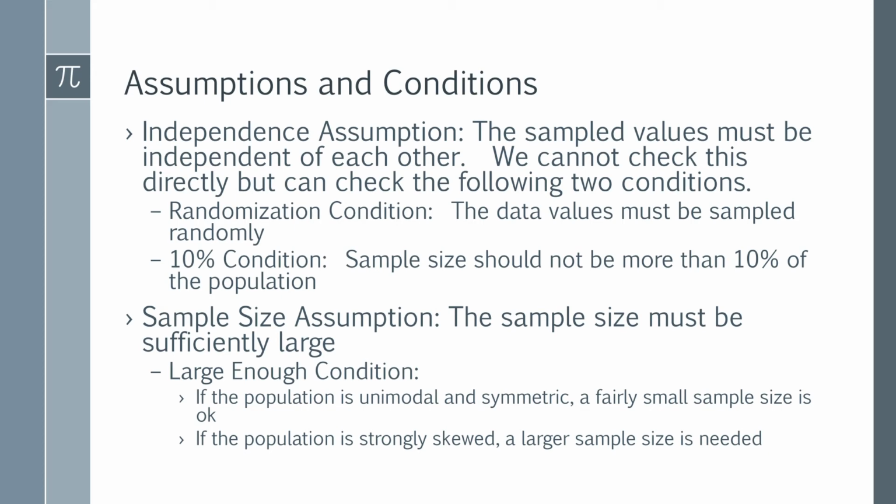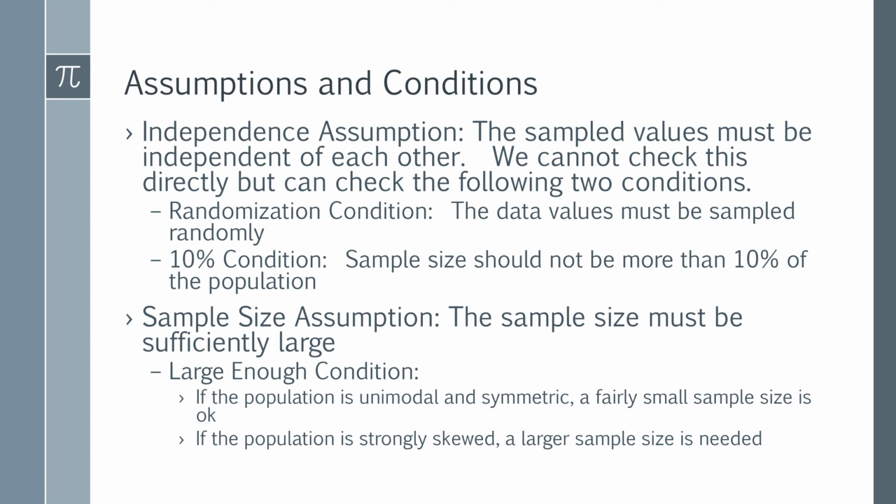The first one is the randomization condition. The data values must be sampled randomly. The second condition is the 10% condition. The sample size should not be more than 10% of the population. We also have the sample size assumption. The sample size must be sufficiently large.